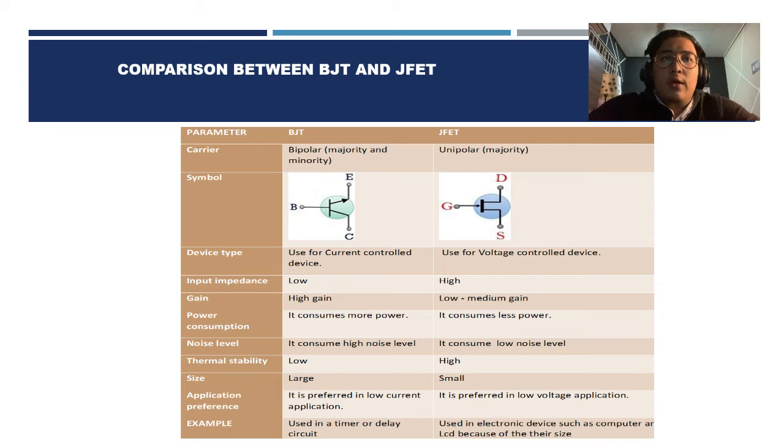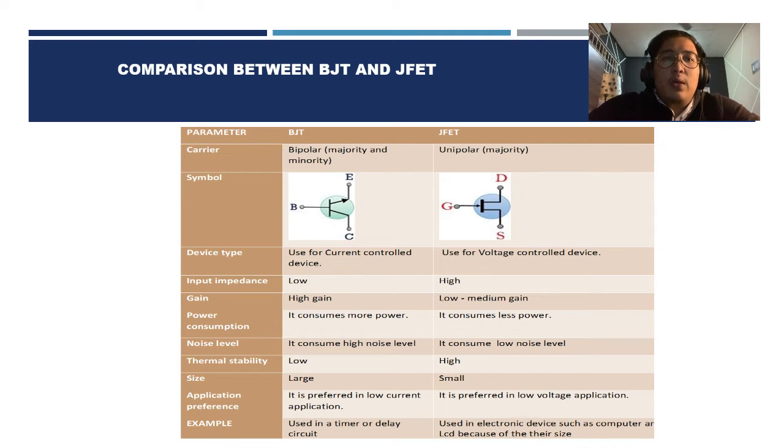For device type, BJT is a current controlled device and JFET is a voltage controlled device. Input impedance for BJT is low and input impedance for JFET is high. For the gain, BJT has high gain and JFET has low to medium gain.